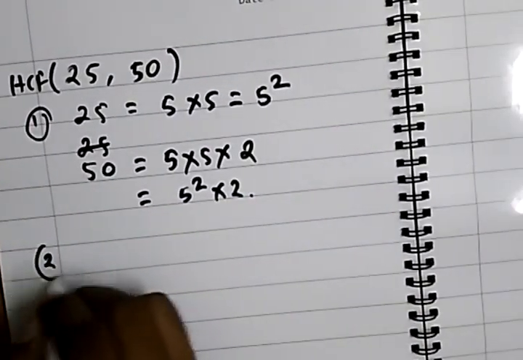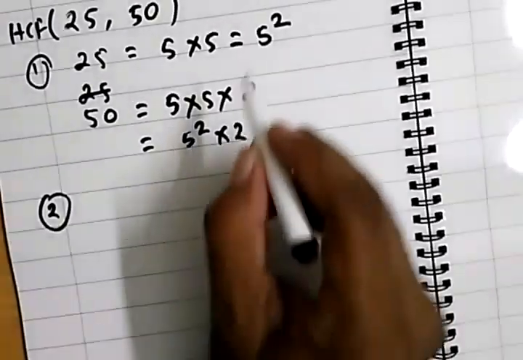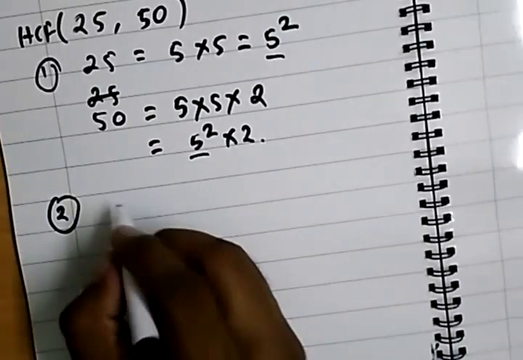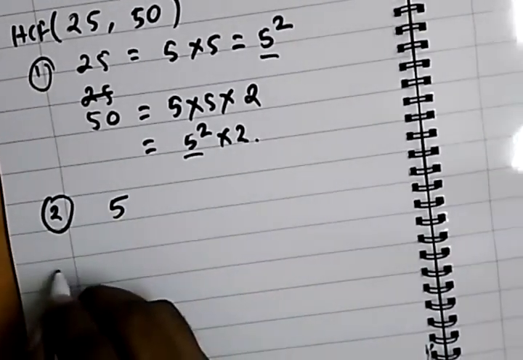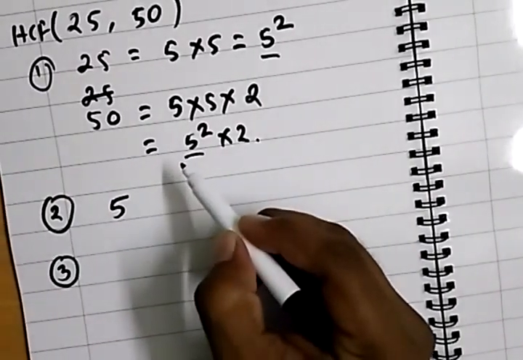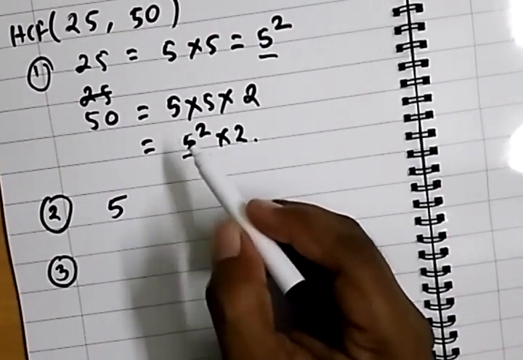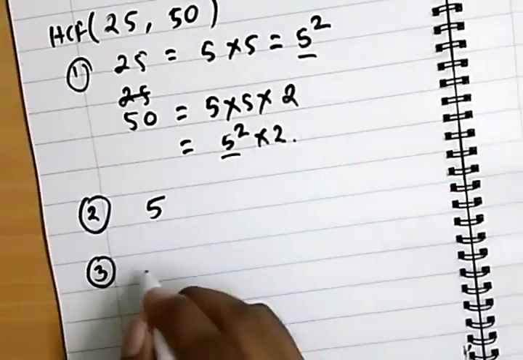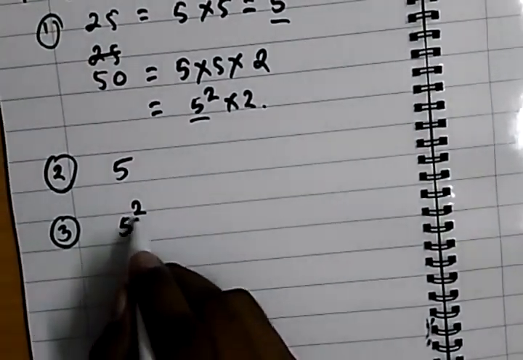Step number 2 says write the common factors. Common factors here: 5 is here, 5 is also here, so 5 is a common factor. Step number 3 says raise this common factor to its minimum power available here. The minimum power available here is 2, 5 square, 5 square. So 5 is raised to 2. Then multiply, but there is no other factor here.